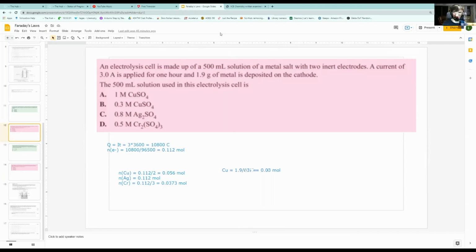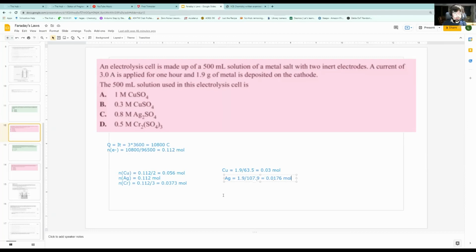Okay. Our next one's going to be silver. Silver, and we could look it up. I'm just going to say 107.9 because we did it earlier. 1.9 divided by 107.9 is going to be 0.0176 mole.